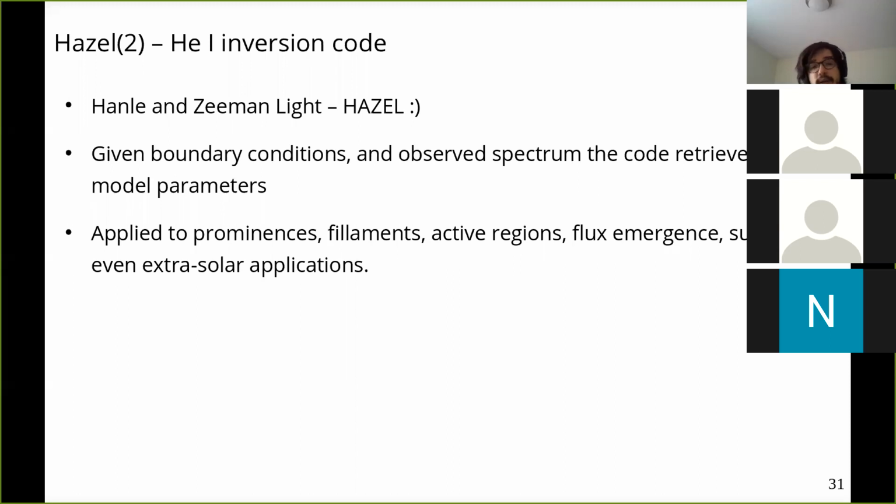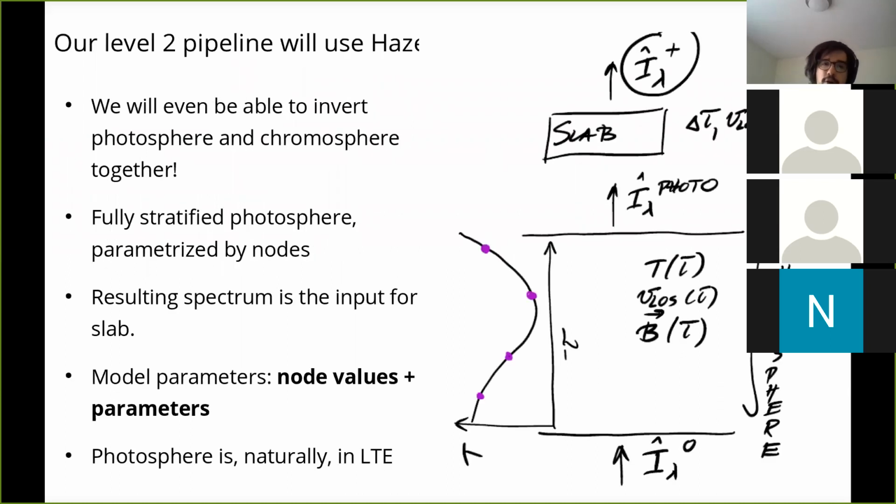And you can calculate IQUV, or you can just feed it observations and obtain all these parameters. So far it was applied to prominences, filaments, active regions, flux emergence, sunspots, stuff like that. There are even some people who are using it to model extrasolar stuff, like radiation of the disks around stars and stuff like that. And actually, in our level 2 pipeline, we plan to use Hazel 2.